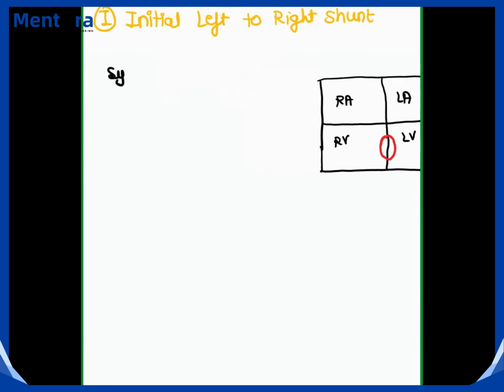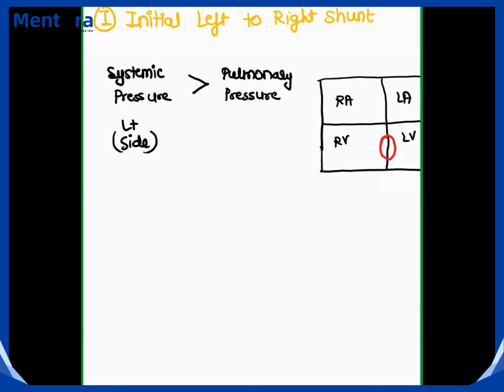In these conditions, generally, systemic pressure is more than pulmonary pressure. That is, left side pressure is more than right side.